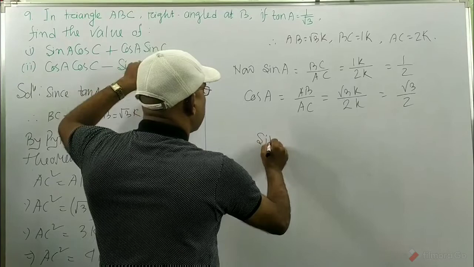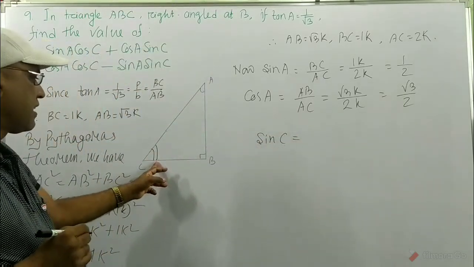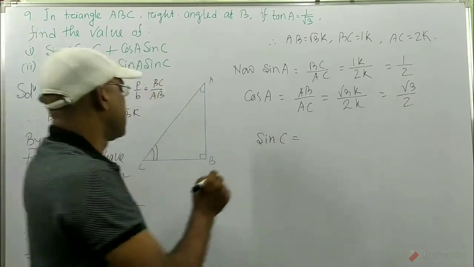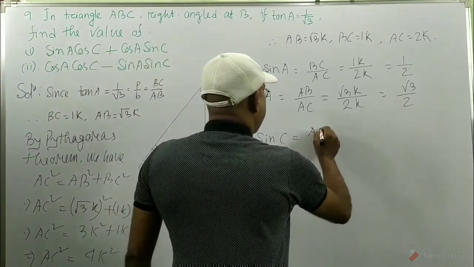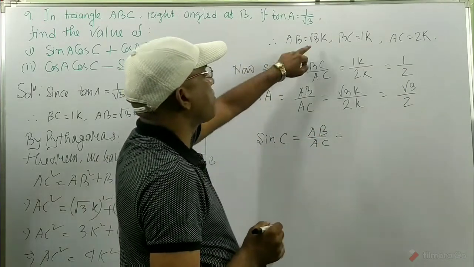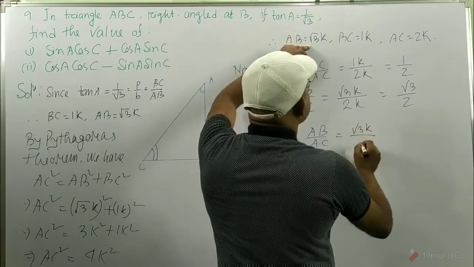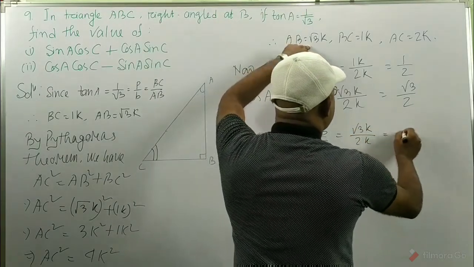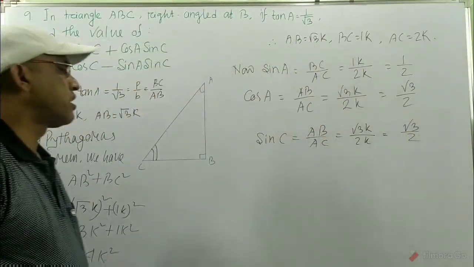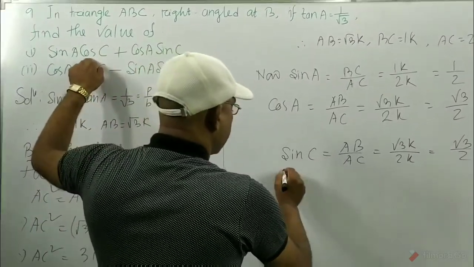Sin C is perpendicular by hypotenuse, which is AB by AC. AB is root 3K and AC is twice K, so we get root 3 by 2.